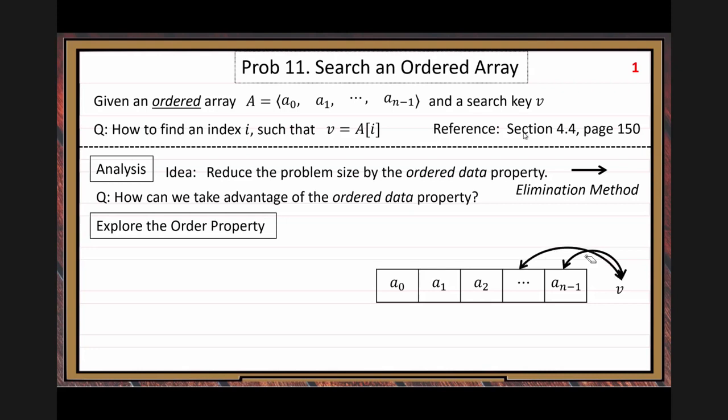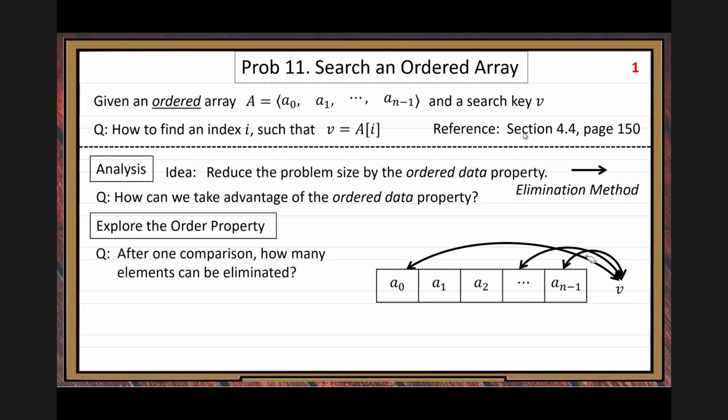So many different ways for our first comparison. Let's do some analysis in our first comparison. Question: after one comparison, how many elements can be eliminated?